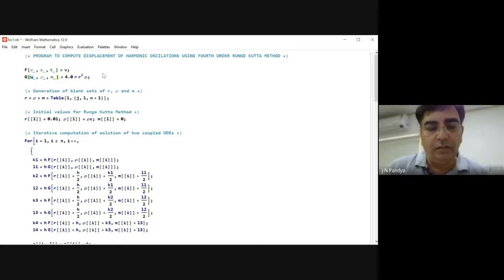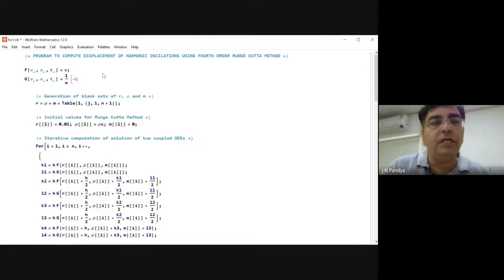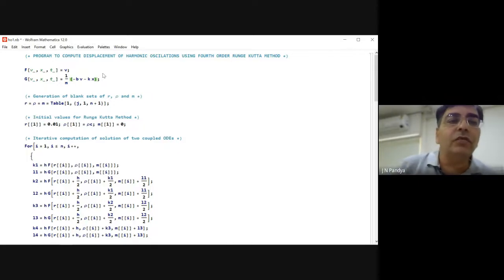Here also I will put t, x, v. Fine. And this is my g: 1 by m, and then I am writing minus b times v minus k times x. So I have written both the equations now as we wanted.